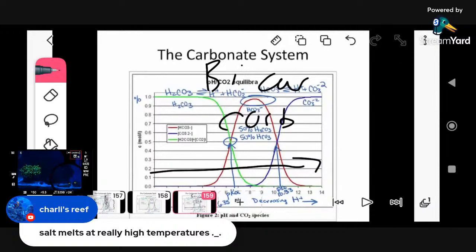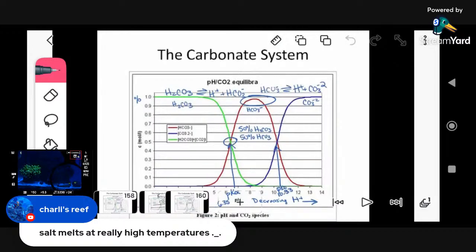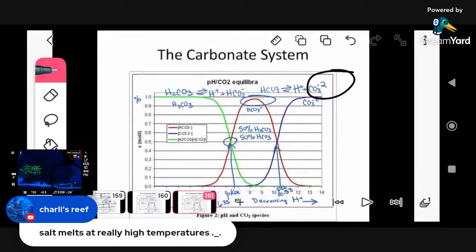You're also increasing the pH. Okay? You get what I'm saying? So let's say you add soda ash. You add soda ash, you're naturally already picking up the pH because it's a strong base. You see that? You're naturally already over here. You get what I'm saying?